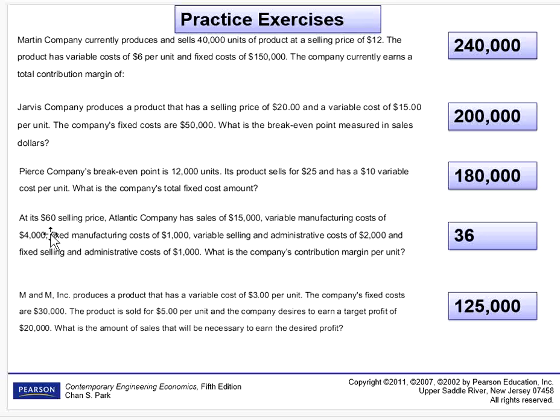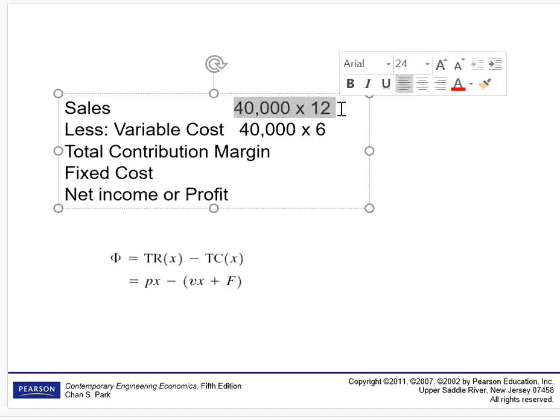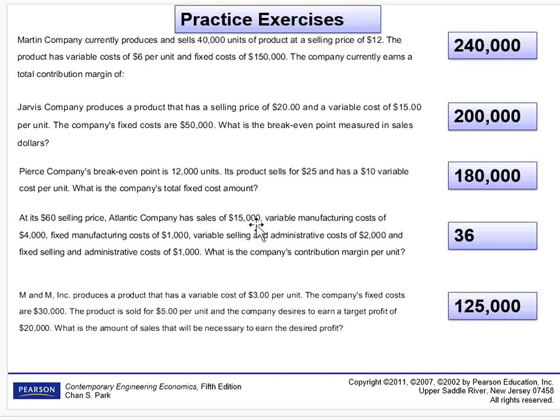Now this one: at its 60 selling price, Atlantic company has sales of 15,000. Now see, what is this one? It is sales, meaning total sales, P times X. This whole number is given, whatever this sales is, right? 15,000.